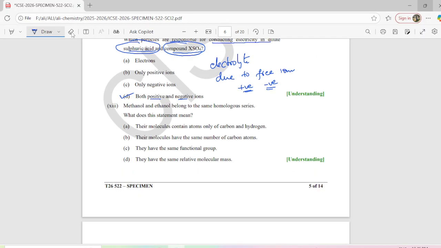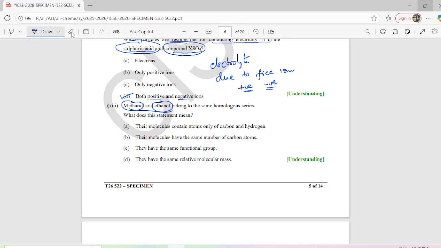Next, MCQ 13. Methanol and ethanol belong to the same homologous series. What does this statement mean? Methanol and ethanol are both similar compounds, with a similar functional group. So they belong to the same homologous series and they have similar structure and similar properties.